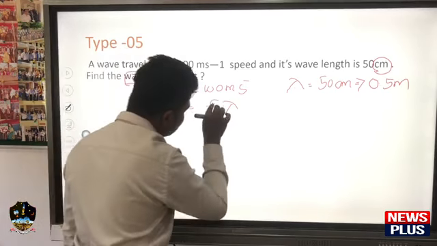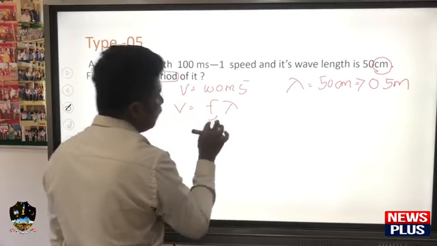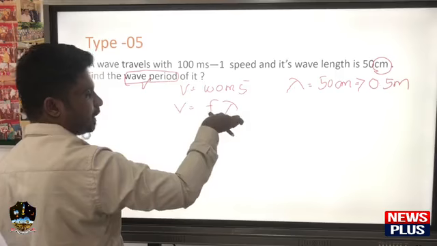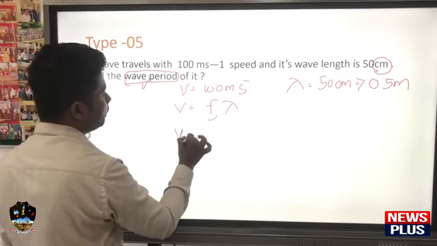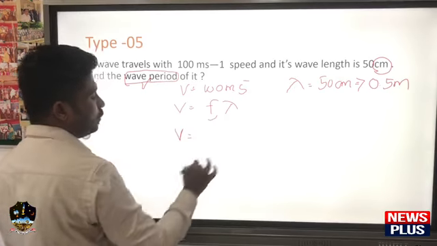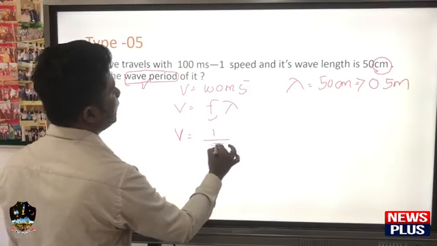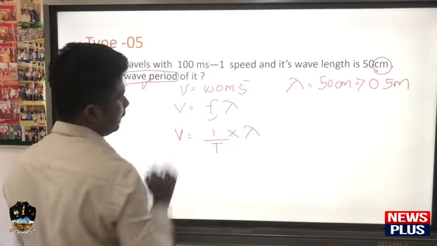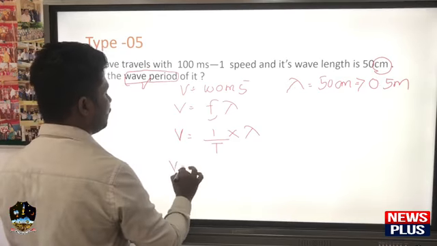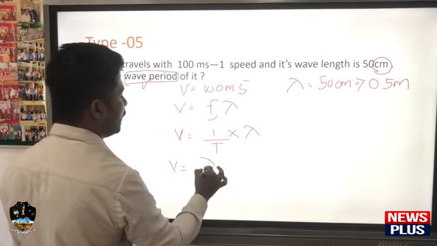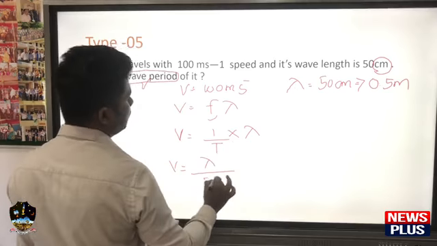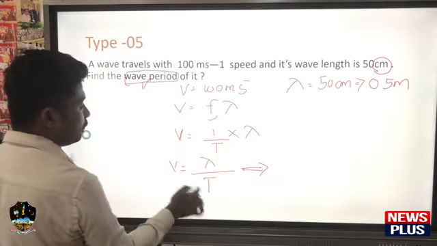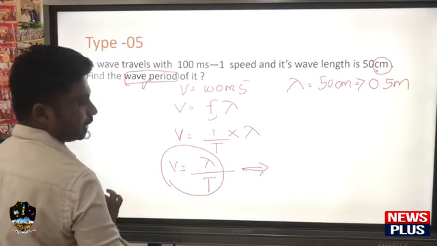So you have to think about what can be used instead of f. V is equal to, instead of f we can use 1 over T, we already did that, into lambda. So V is equal to lambda over T, where lambda means wavelength and T is time. Now you can find this using this equation.